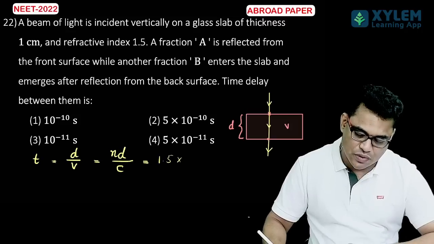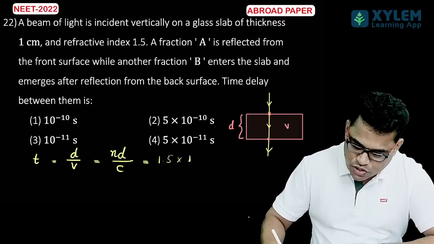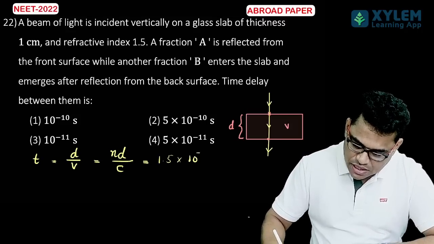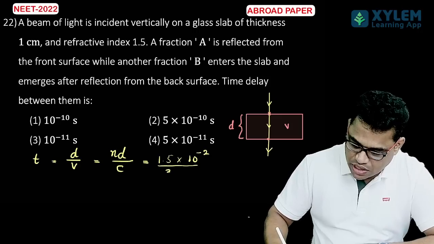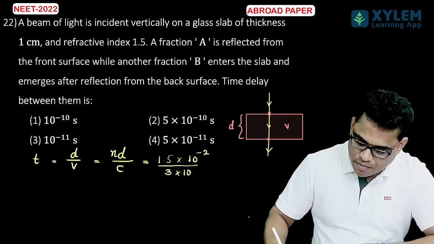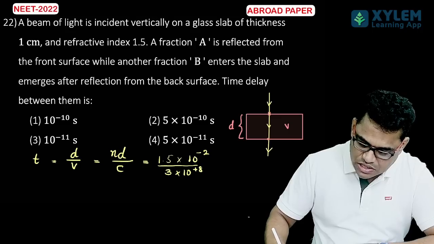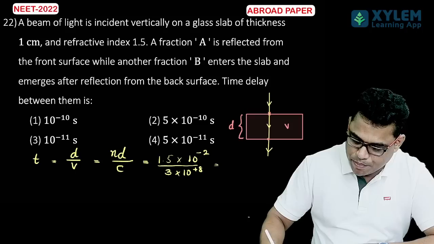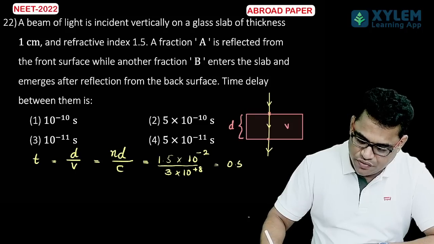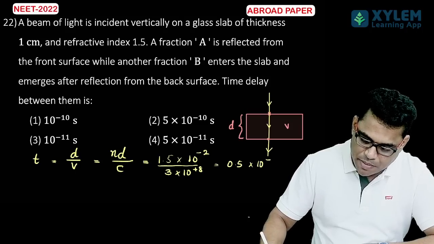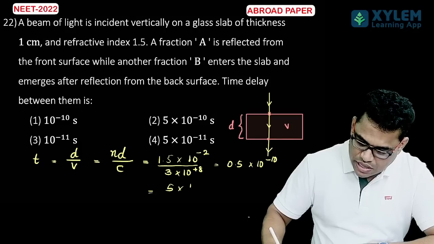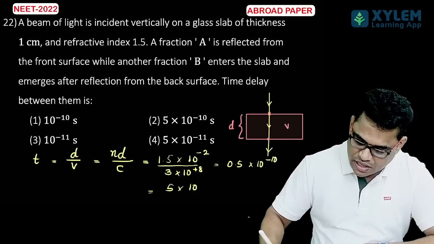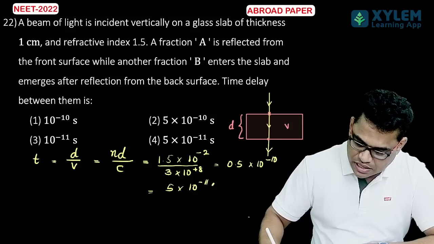The thickness of the slab is 1 centimeter, which should be changed to meter, 10 to the power minus 2. The velocity of light is 3 into 10 to the power plus 8. Therefore, what you get is 0.5 into 10 to the power minus 10, which can be written as 5 into 10 to the power minus 11 second.